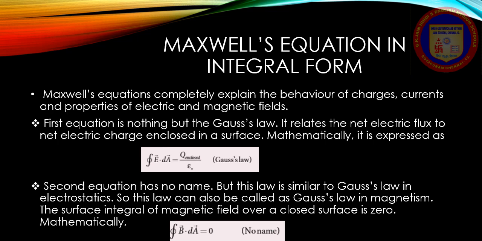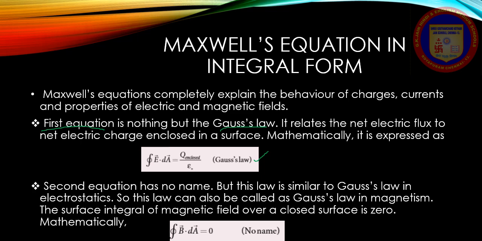Next we'll go to a very important question, Maxwell's equations in integral form. The first equation is nothing but the Gauss law, which relates the net electric flux to the net electric charge enclosed in a surface. Mathematically, it is expressed as integral of E dot dA is equal to Q enclosed divided by epsilon naught, where E vector is the electric field and Q enclosed is the charge enclosed.